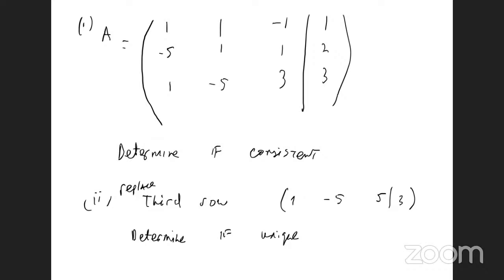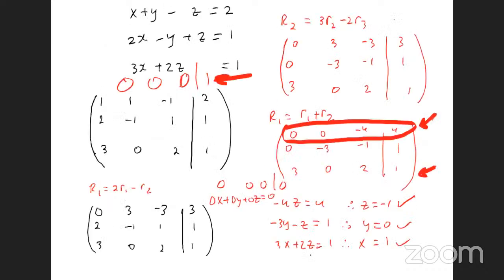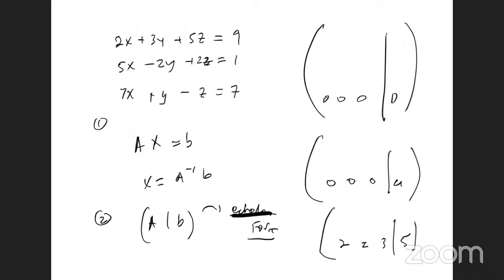What do they mean by consistent? Remember, if you end up with 3 zeros and a number, it's inconsistent. So if the last one is inconsistent and the top two are consistent, right? I think I wrote that somewhere here. This one, I didn't write it.